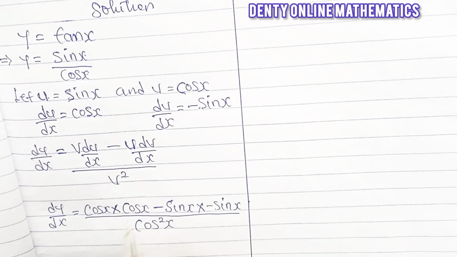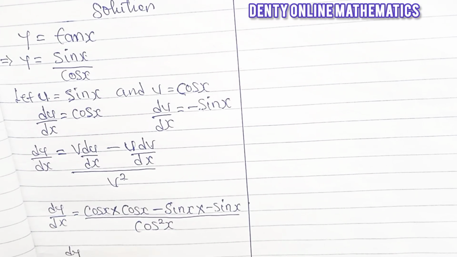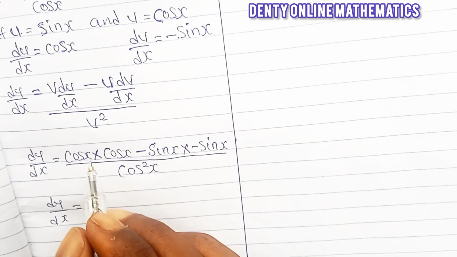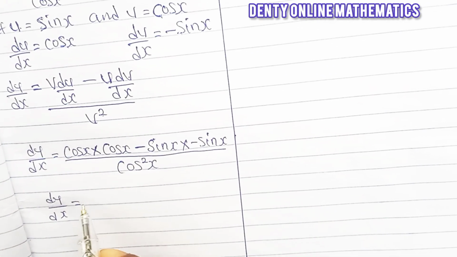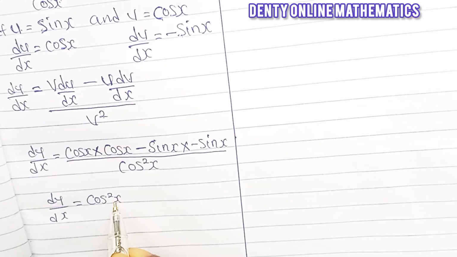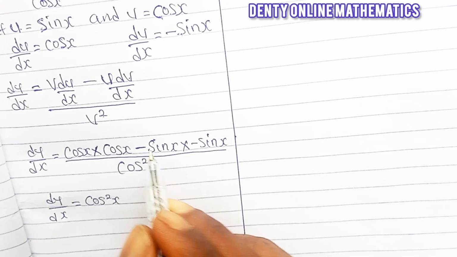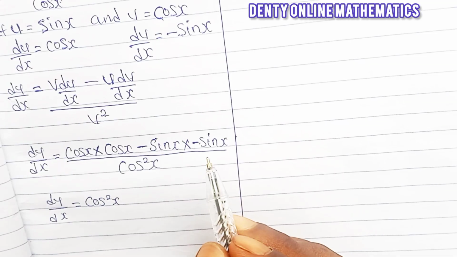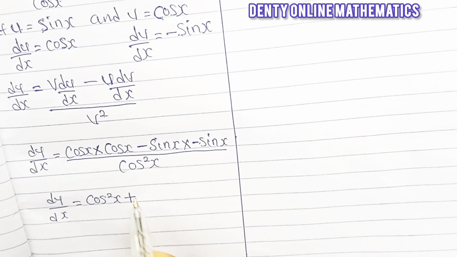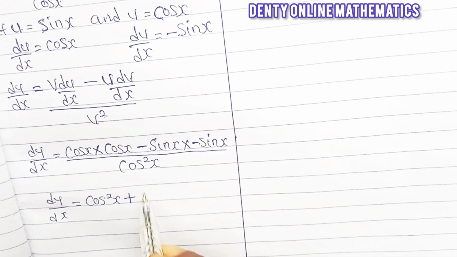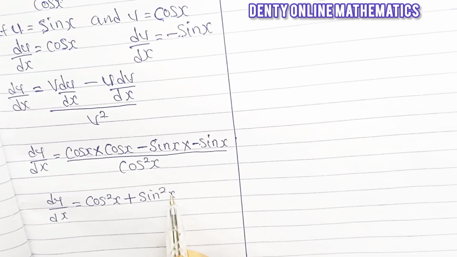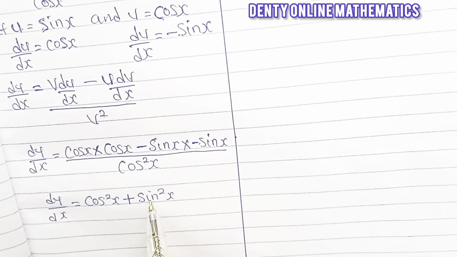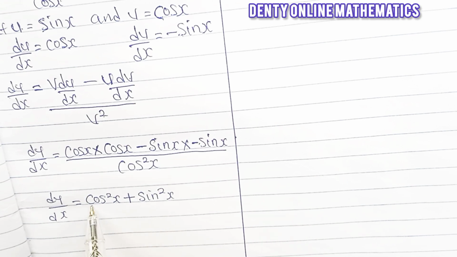Now we'll proceed further. Our dy over dx is equal to, now cos x times cos x will give us cos squared x, and then negative sin x multiplied by negative sin x. Remember, if a negative multiplies a negative, we're going to have a positive sign, and sin x times sin x will give us sin squared x.